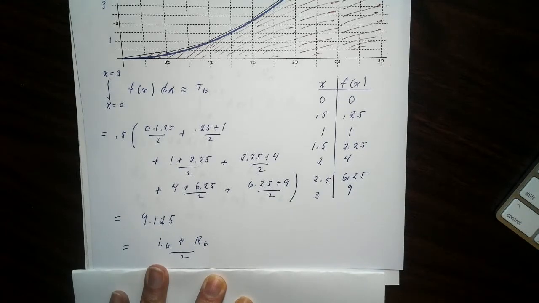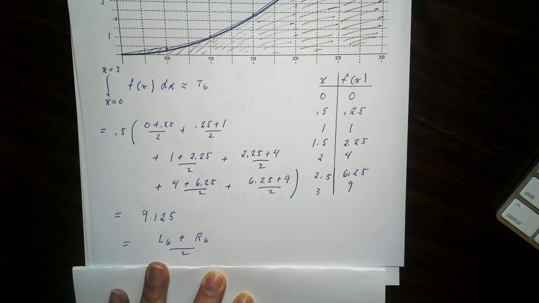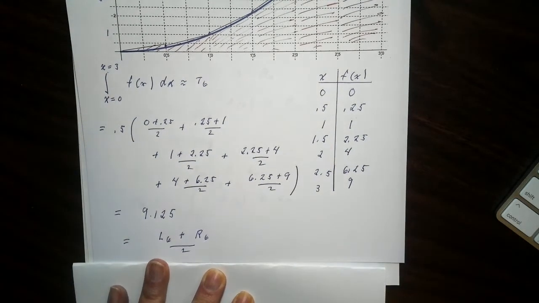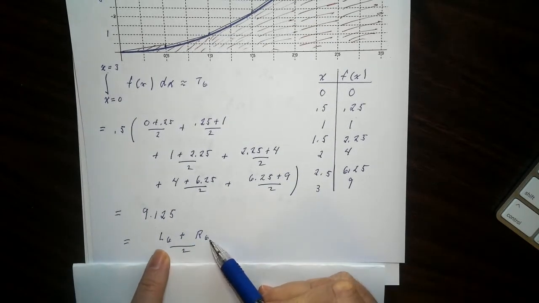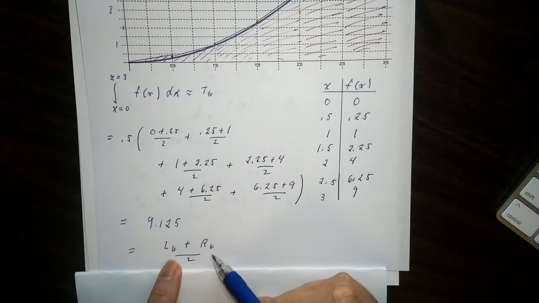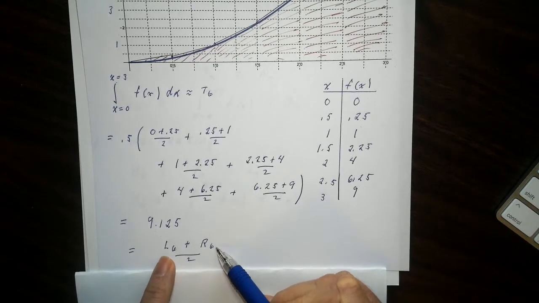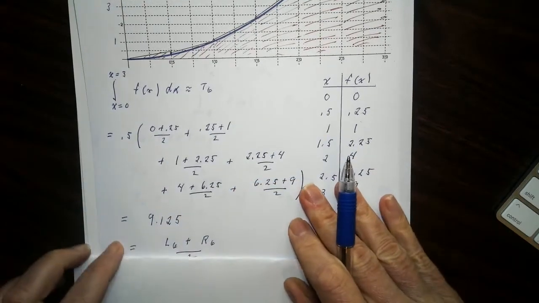R6 was, trying to hunt the value down, 11.375. So it ends up that if we just average those two sums, L6 and R6, we get the trapezoid estimate T6. So if you've already computed the left-hand and right-hand Riemann sums, you can just average the two of them to get the trapezoid estimate.